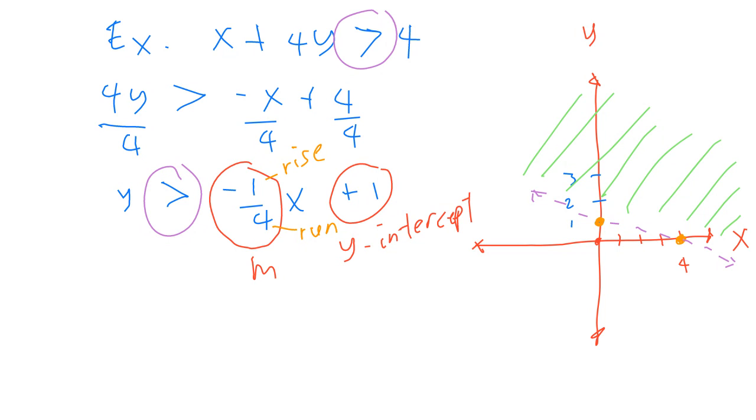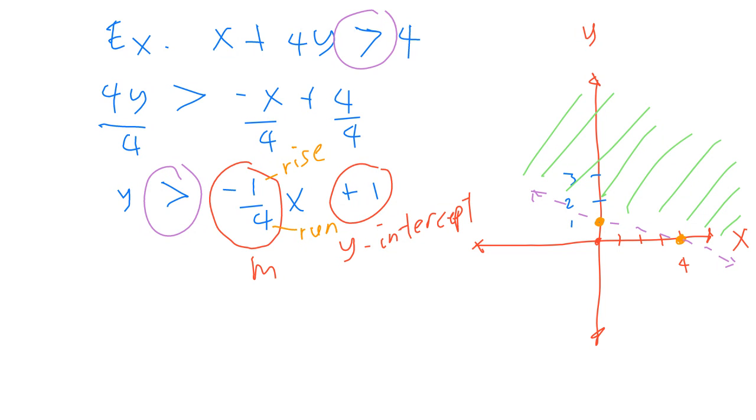If in your linear inequality the y is not isolated, you can actually use test points. When you test any point along this shaded region, you will get a true statement. Otherwise, your solution should be on the other side. If you get a false statement, you have to shade on the other side of the line. So that's by using test points.